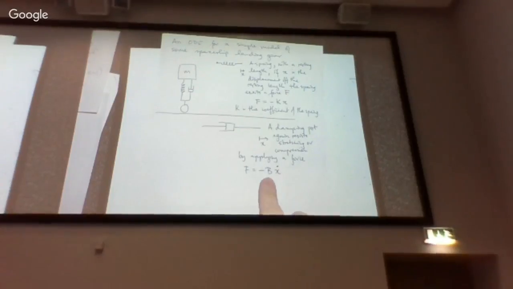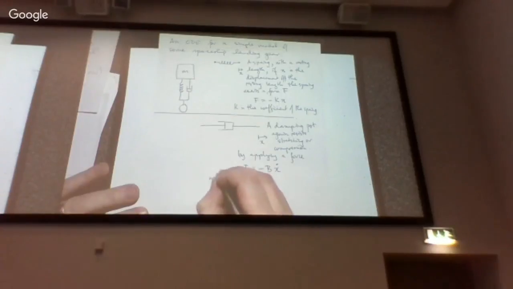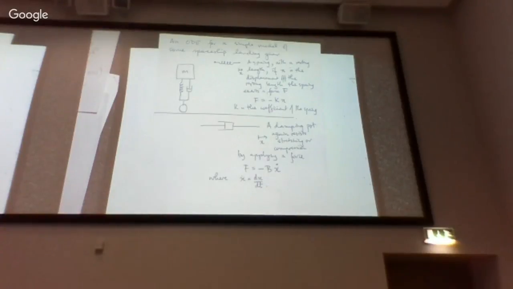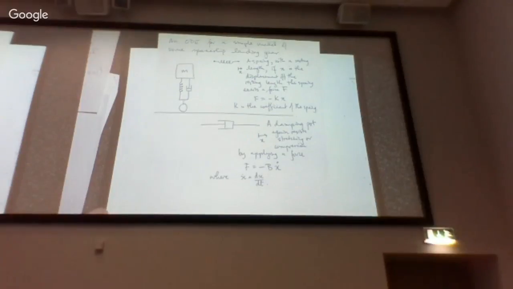The b is some kind of coefficient of the damping pot, whether it's very strong or weak. It's proportional to the speed at which you try and compress it or stretch it. Okay. So where x dot is dx/dt.